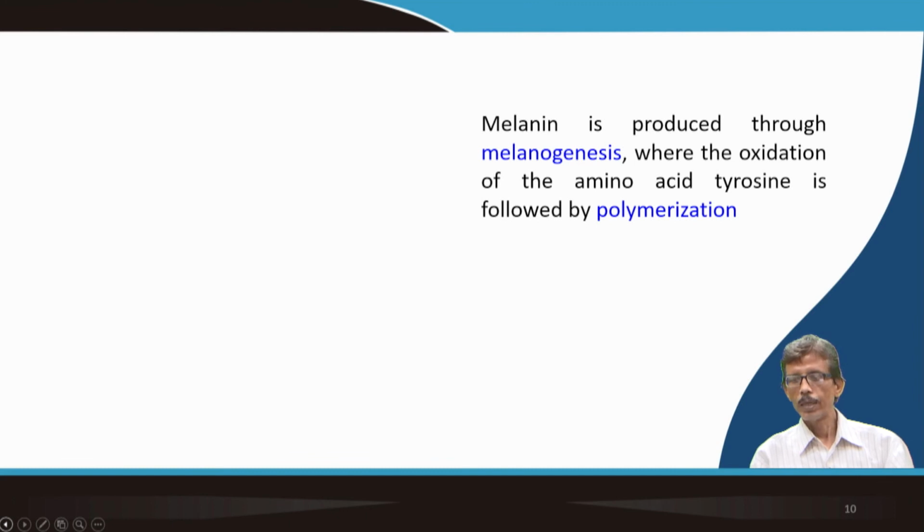That we see then in this particular example, where you have the melanin, where we have the skin color, our skin pigment is produced through melanogenesis. What is that melanogenesis? Melanogenesis is nothing but the oxidation of the amino acid tyrosine followed by polymerization.